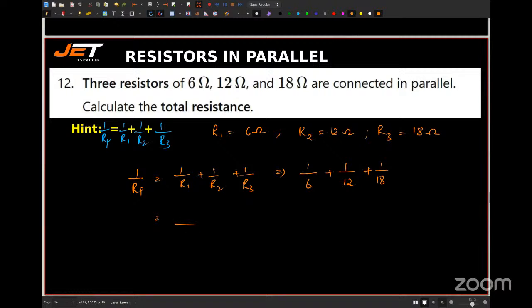So for 6, 12 and 18, what is the LCM? It is 18. So it will be 3 plus, sorry, it is not 18. Take the LCM of 6, 12 and 18.